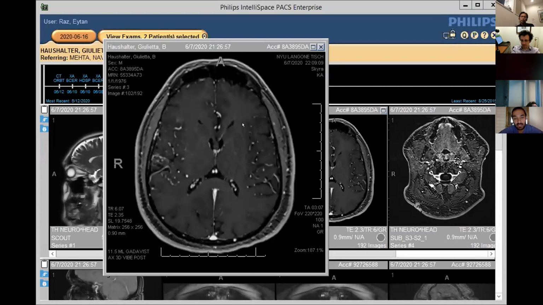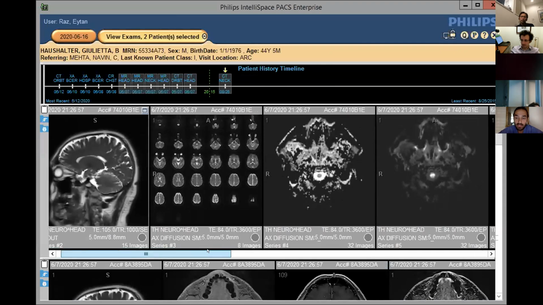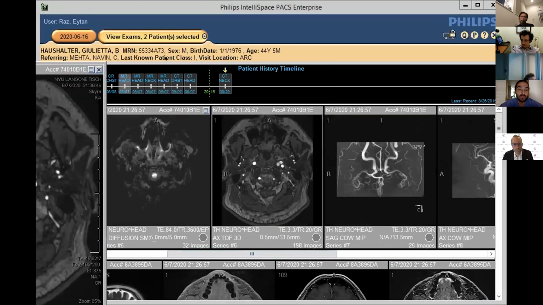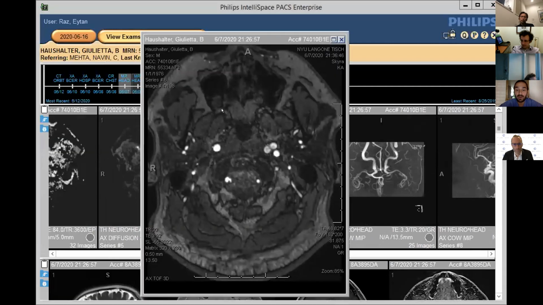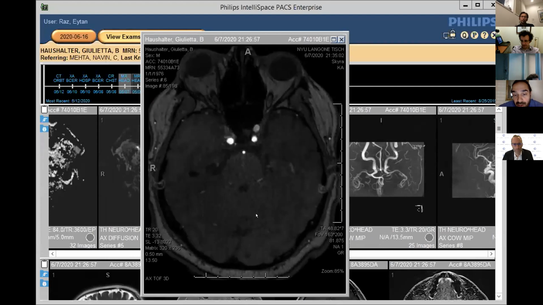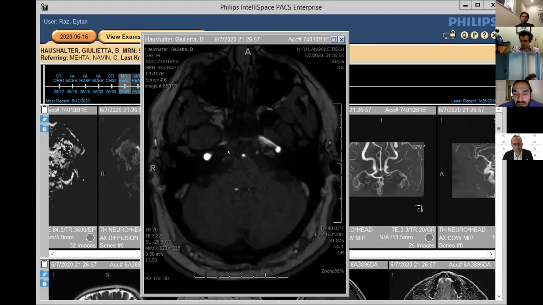If you want to confirm the presence of a fistula, the MRA is the best sequence, because it will show arterialized flow-related enhancement in the region of the right cavernous sinus. But there's more.